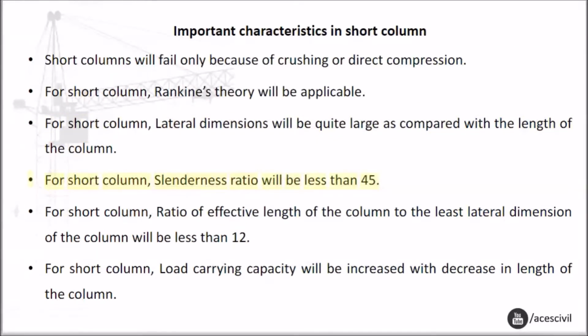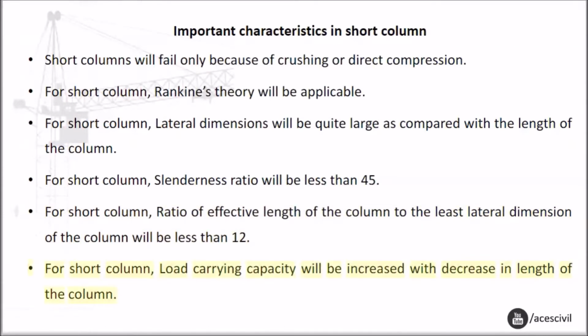For short column, slenderness ratio will be less than 45. For short column, ratio of effective length of the column to the least lateral dimension of the column will be less than 12.